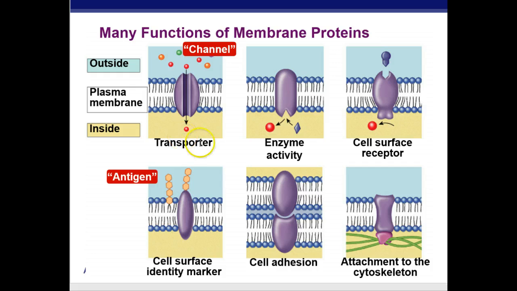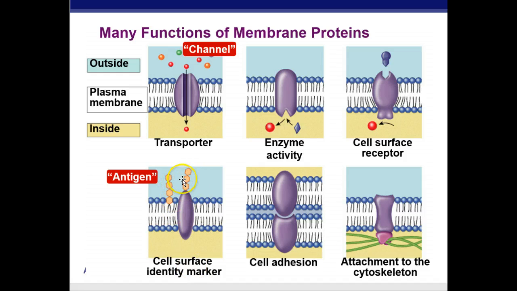It can also be called a transporter protein. Here we have one that's functioning as an enzyme by holding certain molecules in place so that reactions can happen faster. A receptor protein receives certain molecules, so they're shaped in a certain way to receive the right ones. Here we have a cell surface identity marker.